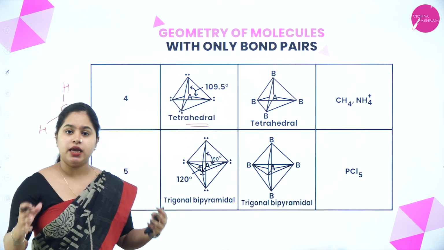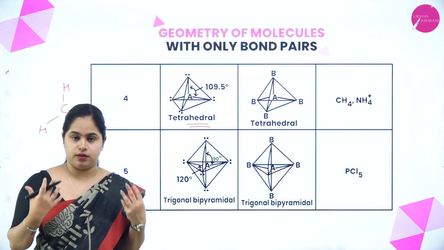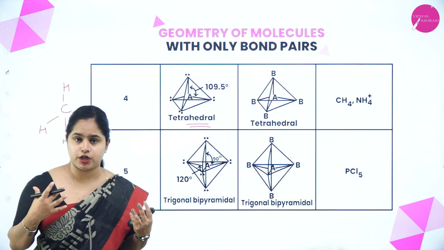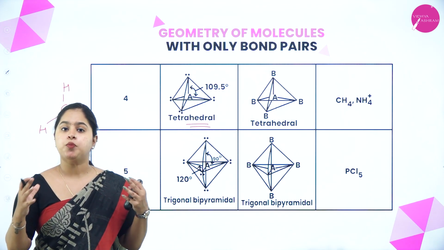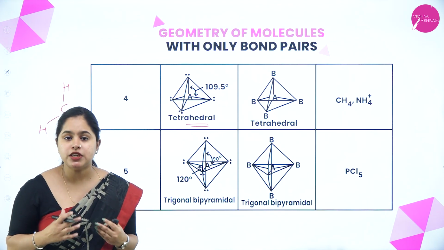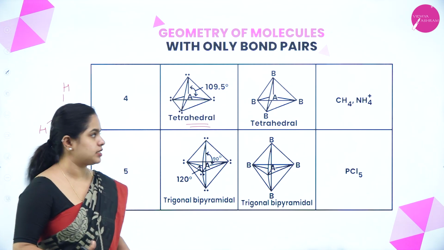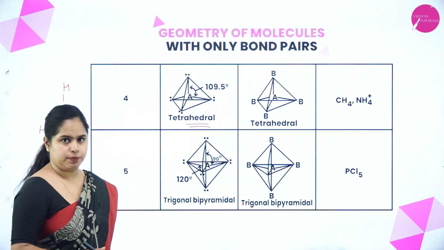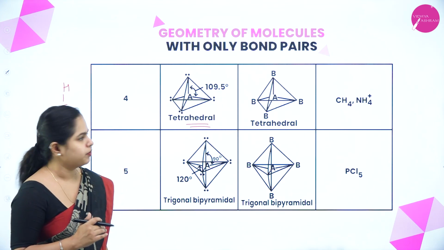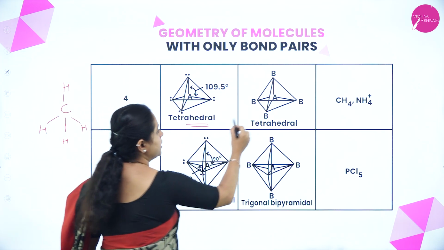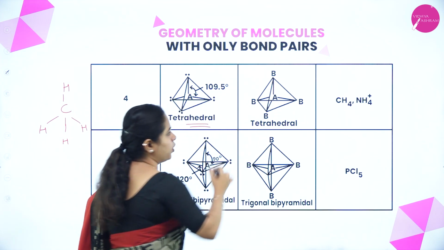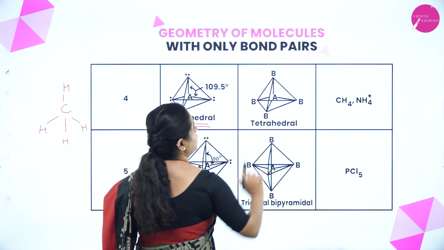The shape or geometry that the electron pairs try to attain, with repulsion minimum and distance maximum, is tetrahedral shape or tetrahedral geometry. So this is the tetrahedral geometry as you can see here: 1, 2, 3 bonds here and 1 on the top.